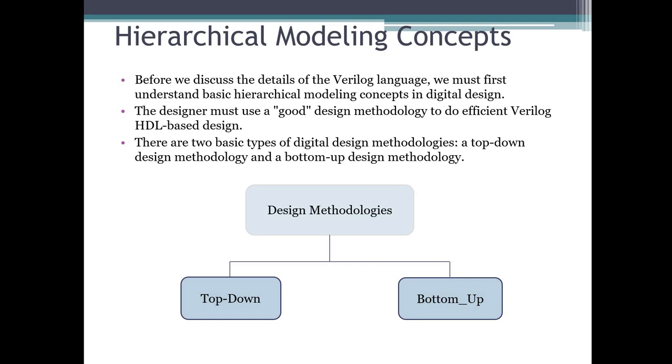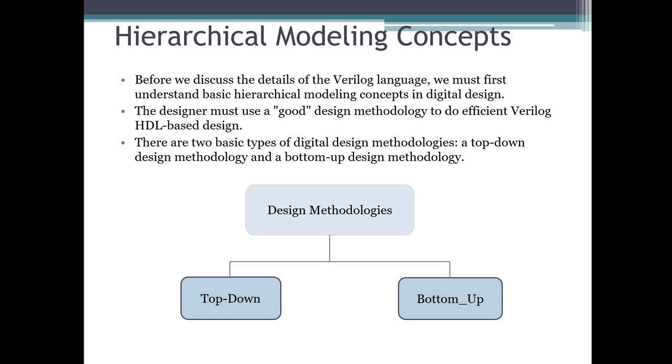We all know a full adder can be implemented with the help of two half adders, and a half adder can be implemented with the help of gates according to its output. I'll explain later, when I give this example for this concept, how you can write code for top to down and how you can write code for bottom to up. There you can understand it in a very good way.